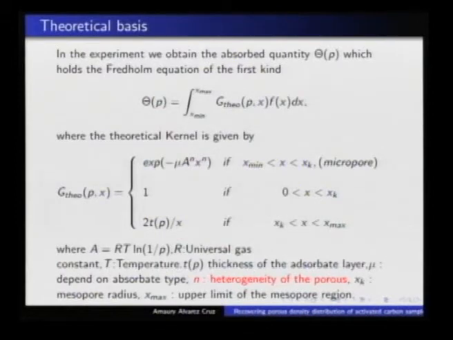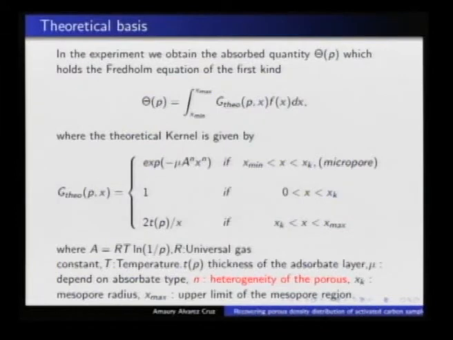The kernel is characterized by several parameters of the porous medium. For example, N is more difficult to select. It represents the heterogeneity of the porous. We have also the limits of the mesoporous radius and, of course, the maximum upper limit of the mesoporous region.